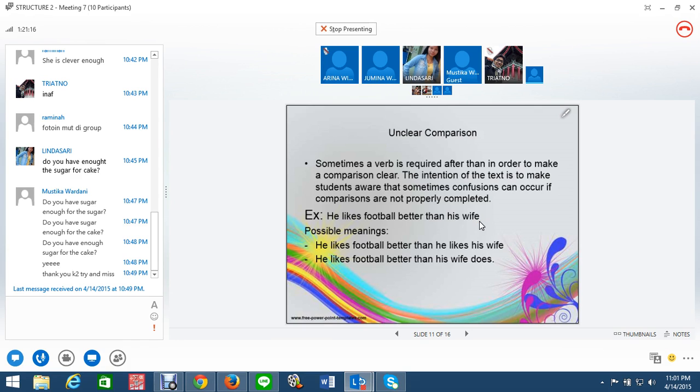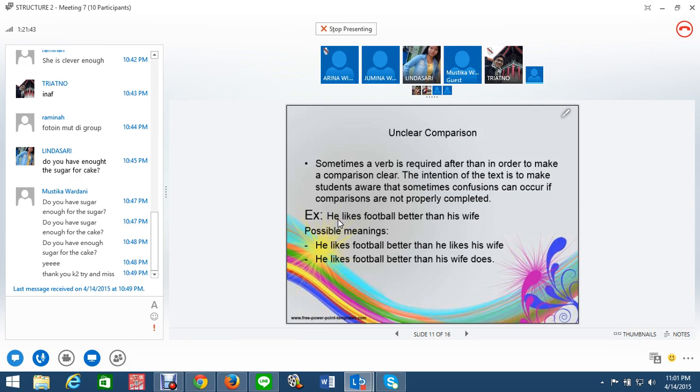Why is it called unclear? Because, do you think it makes sense that he likes football better than his wife? Does it make sense to you? So the possible meanings: from this sentence there are two possible meanings, right?